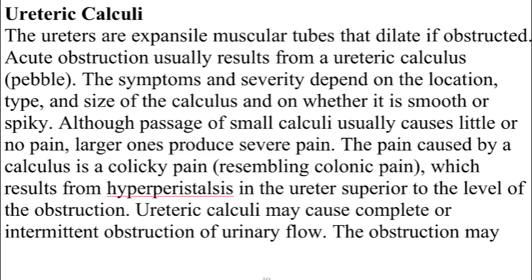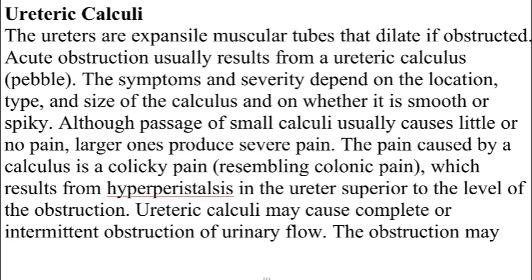It also depends on whether it is smooth or spiky. Although passage of small calculi usually causes little or no pain, larger ones produce severe pain. The pain caused by a calculus is colicky pain. It resembles colonic pain, and it results from hyperperistalsis in the ureter superior to the level of the obstruction.